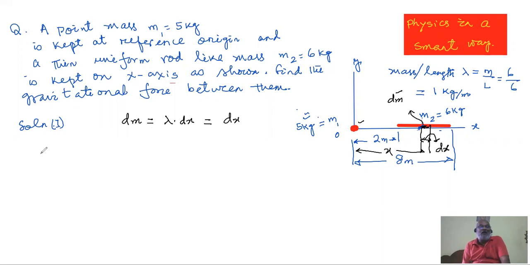So we brand that as df, and df comes out as G into your M1 into your dm by your R square. In this case, the separation between M1 and dm will be x, so that must be x square. Now putting in the values, g is g, we don't try to break up g or put the numerical value. M1 is given as 5, dm is given as dx, by the distance x square.